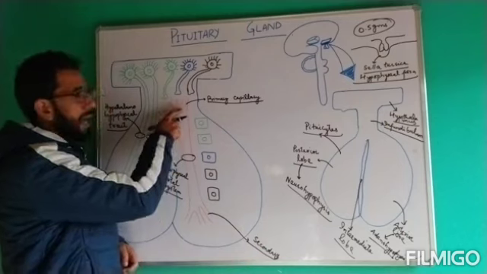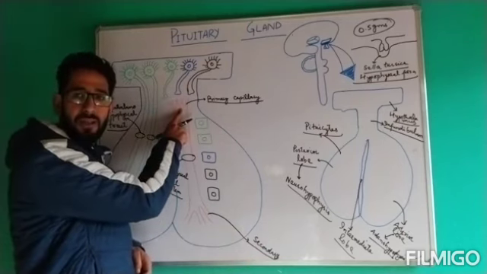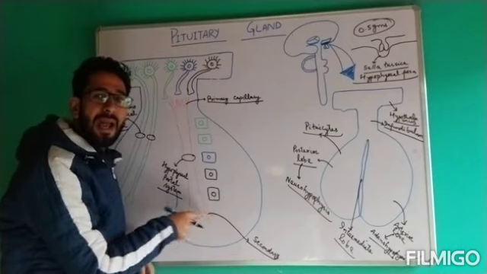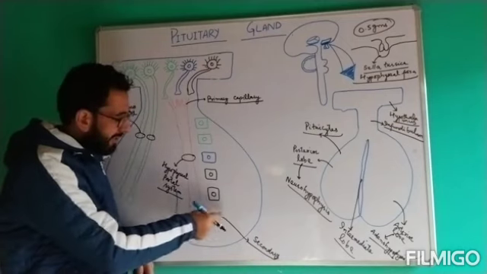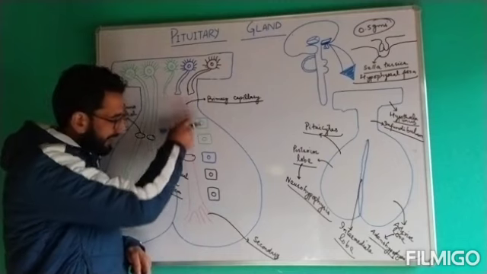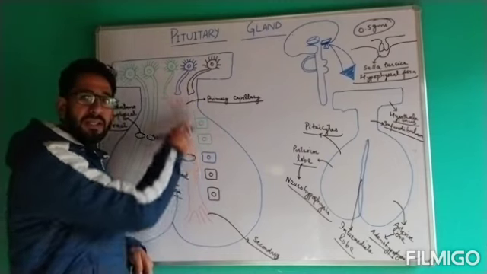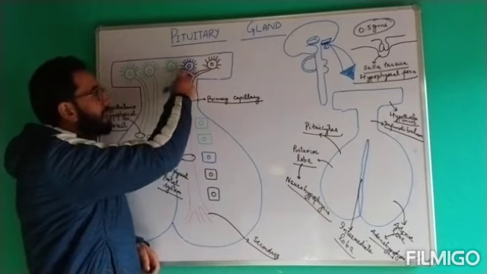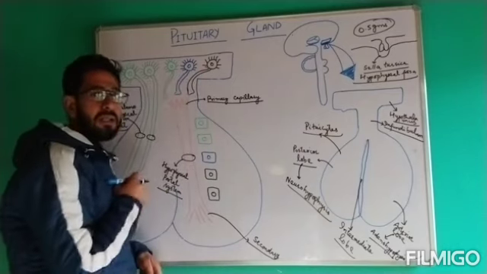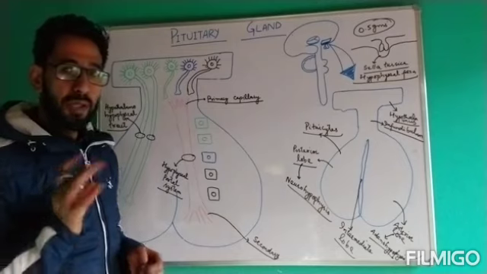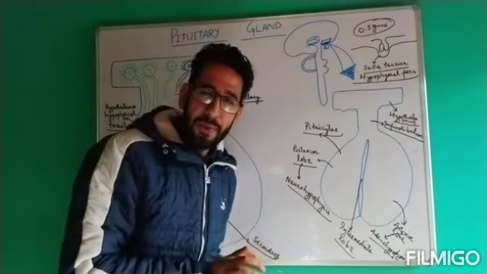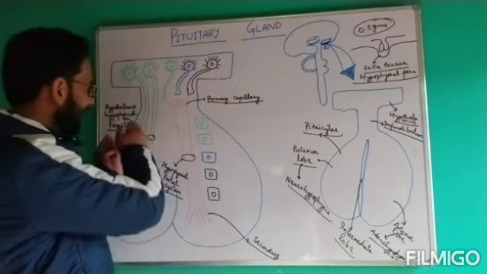Okay, so there are primary capillaries which are present in the infundibulum. There are secondary capillaries which are present in the anterior pituitary gland, and these two capillary beds are connected by a vein, which is the connection between the infundibulum, or the hypothalamus, and the anterior pituitary gland. So the connections between the hypothalamus and the pituitary gland are different in these two cases.